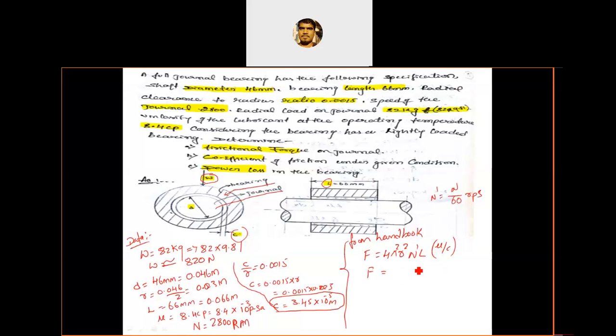By substituting all the values, we got F equal to 15.65 Newton. That is the frictional force.